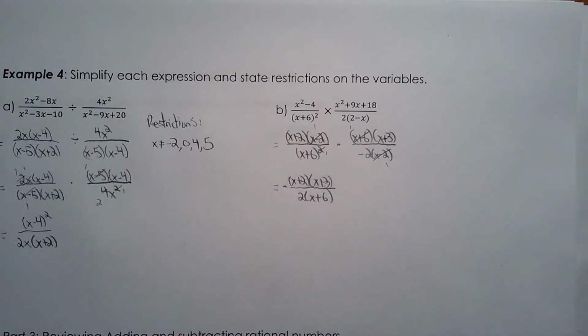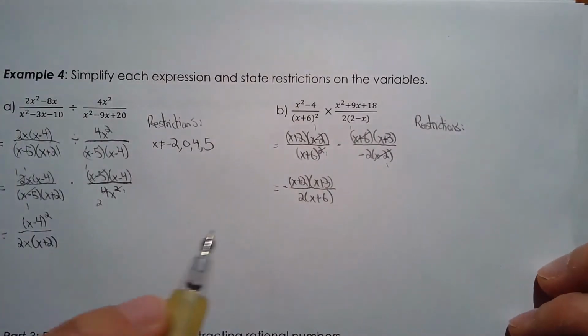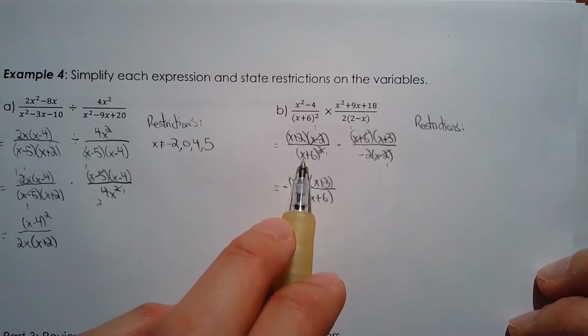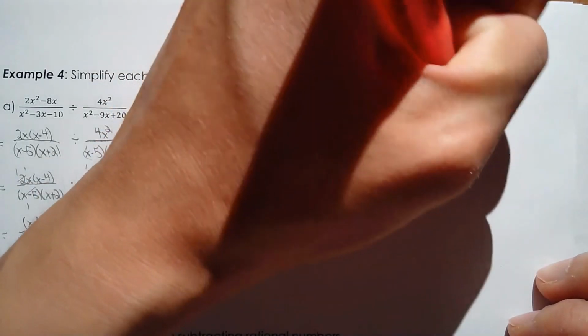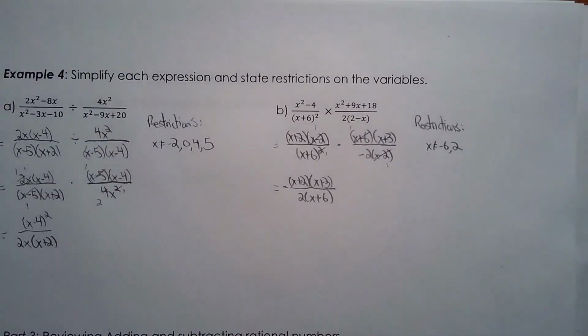Oh, and don't forget to state the restrictions. All right, so what are the restrictions? x can't be 2, x can't be -6. And there we go. So that's how we multiply and divide rational expressions.